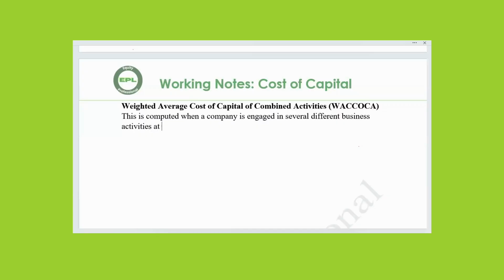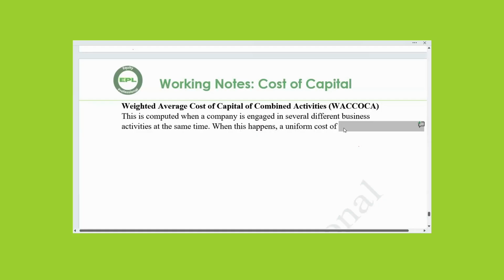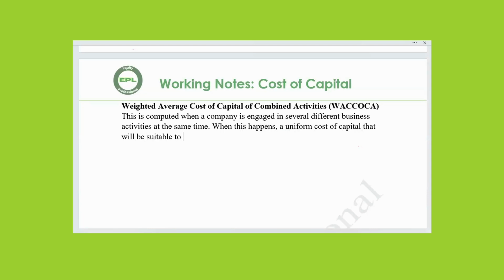Almost at the same time. When this happens, a uniform cost of capital that will be suitable to evaluate projects under each business activity needs to be estimated.